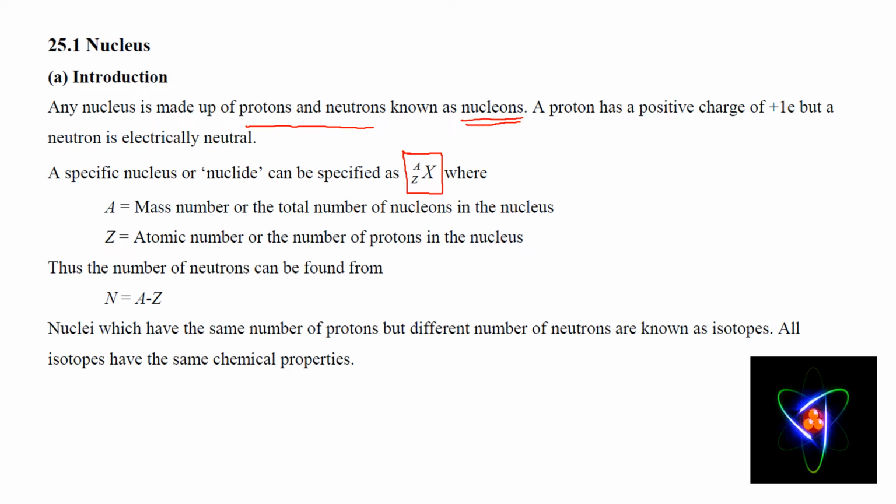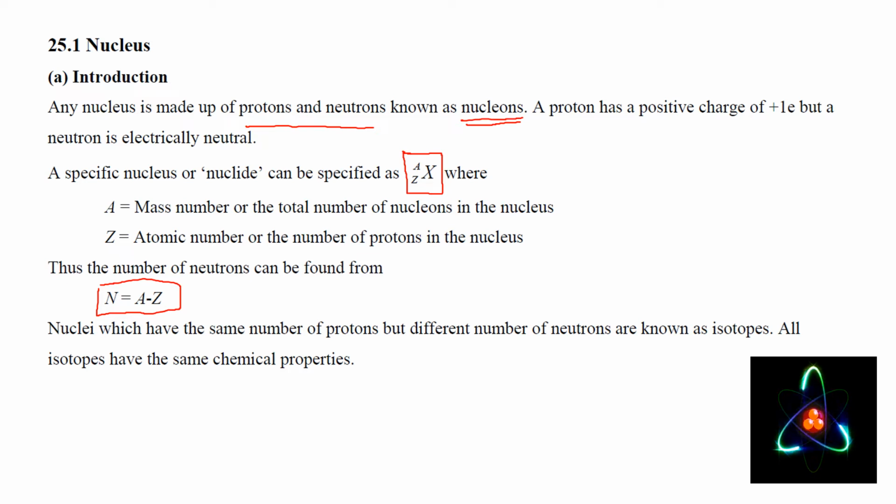Z is the atomic number, the number of protons in the nucleus, so Z is the proton number. A is the nucleon number. From the values in this symbol, we can find the number of neutrons from the equation N equals A minus Z, meaning the nucleon number minus the proton number gives you the neutron number.